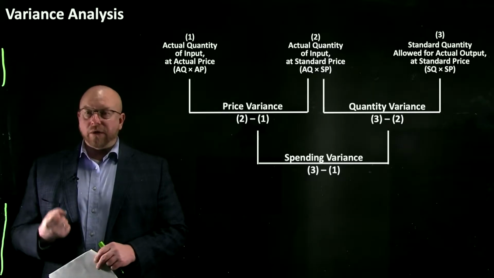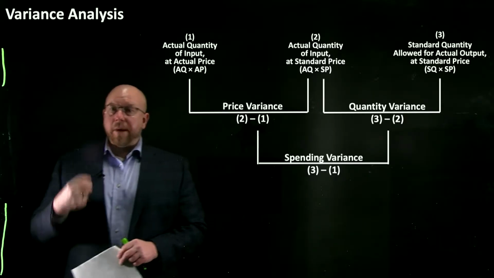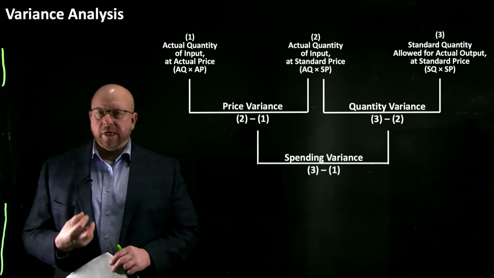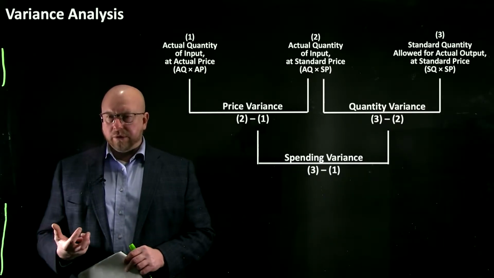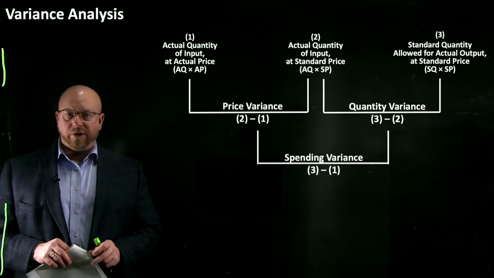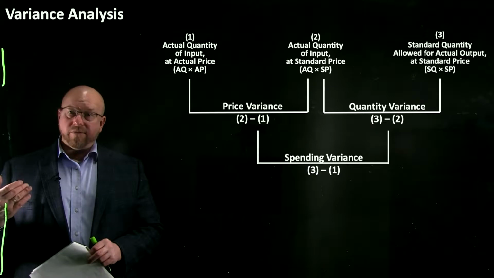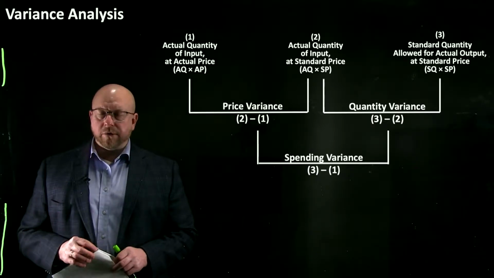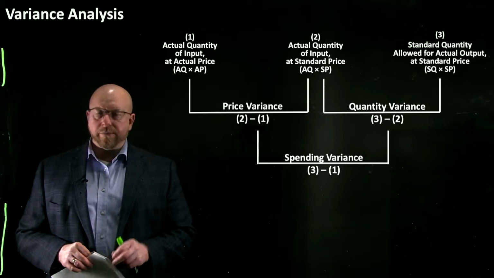The general model for variance analysis, and remember I told you that if you understand how to calculate one of these sets of variances, you should be able to comprehend the other 2 sets of variances. For example, if you know how to do the materials price variance, then the labor rate variance and the variable overhead rate variance have a similar structure and it should work out well for you.